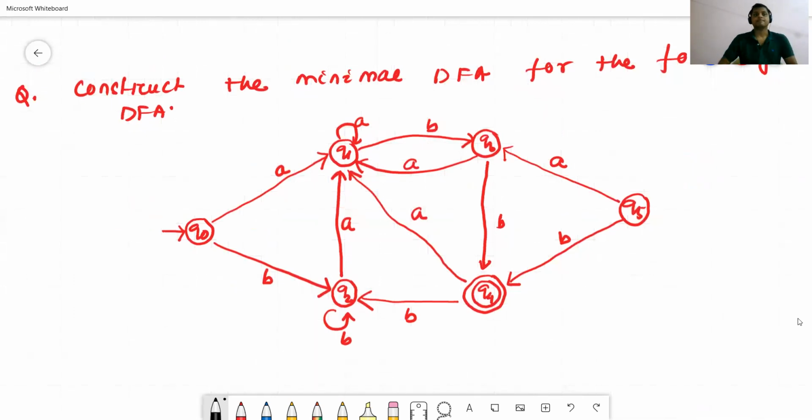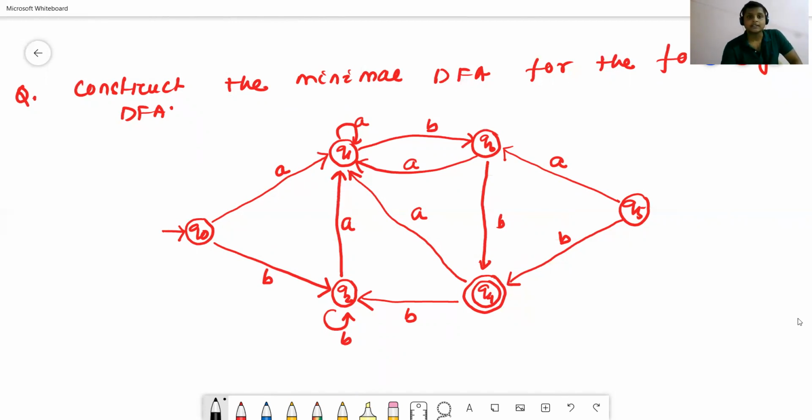The next question: construct the minimal DFA for the following DFA. The first step of minimization of a DFA is to eliminate all inaccessible states, meaning the states which are not reachable from the initial state.